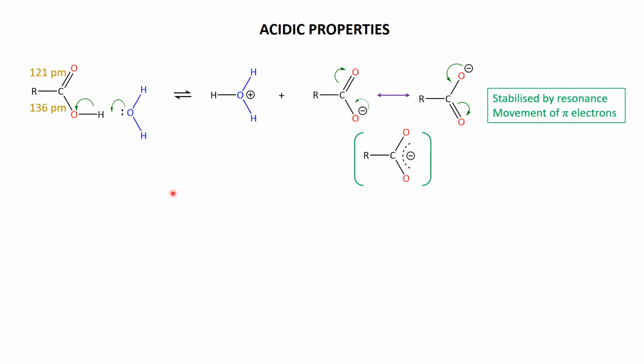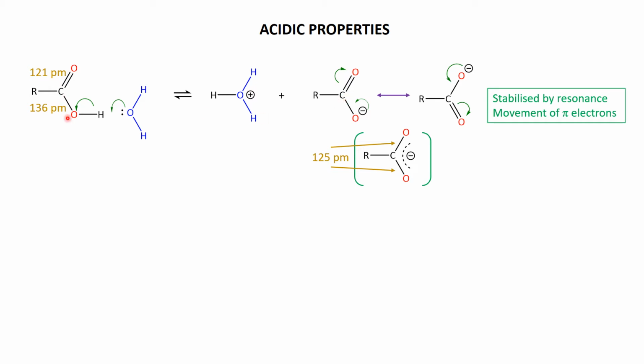When we look at this resonance average over here, both of those carbon-oxygen bond lengths are equal at 125 picometers. What that's telling us, in the same way that the equal carbon-carbon bond lengths in benzene told us this, is that this electron that's left behind when the hydrogen goes is stabilized over this whole system. It's extra stabilized by resonance.